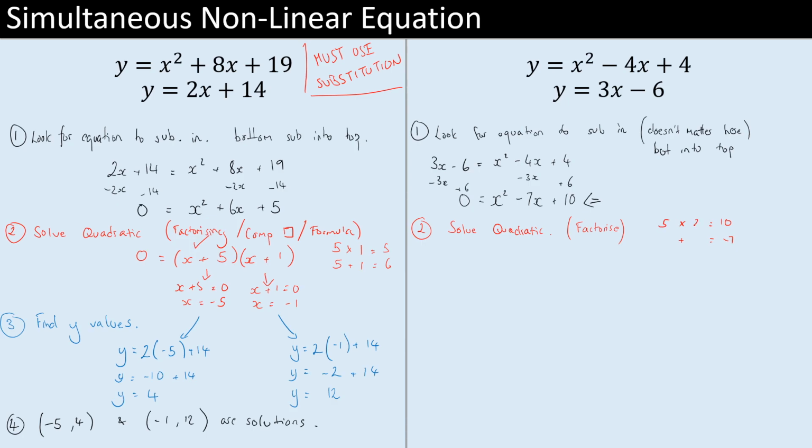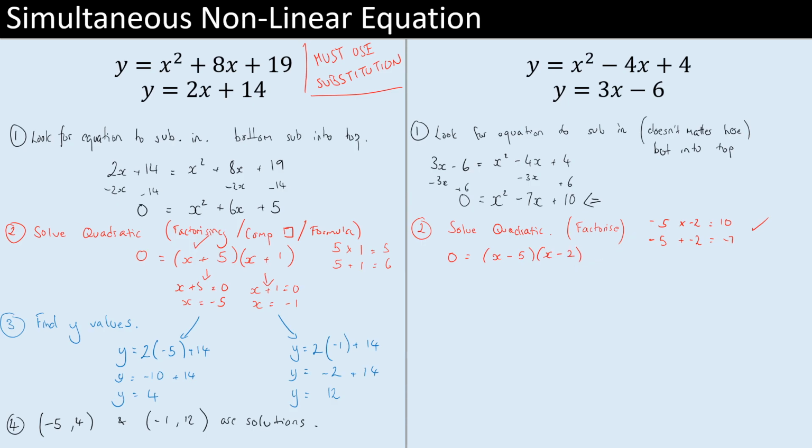The only other option is 5 times 2. And the way that I can get negative 7 from 5 and 2 is if they are both negative. Now, a negative times a negative is a positive, so that is exactly the situation we want. This is going to be (x take away 5)(x take away 2) in brackets like that.